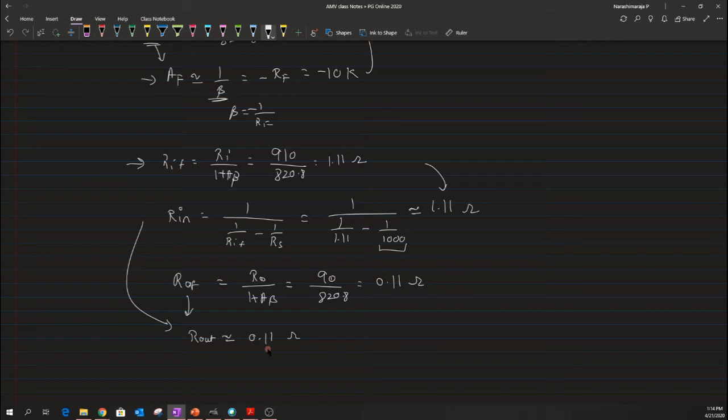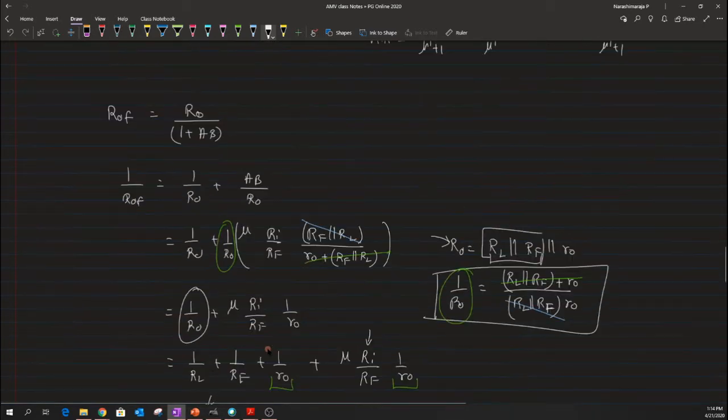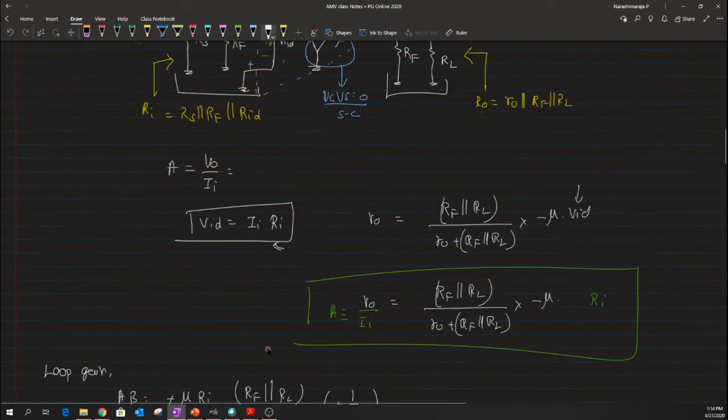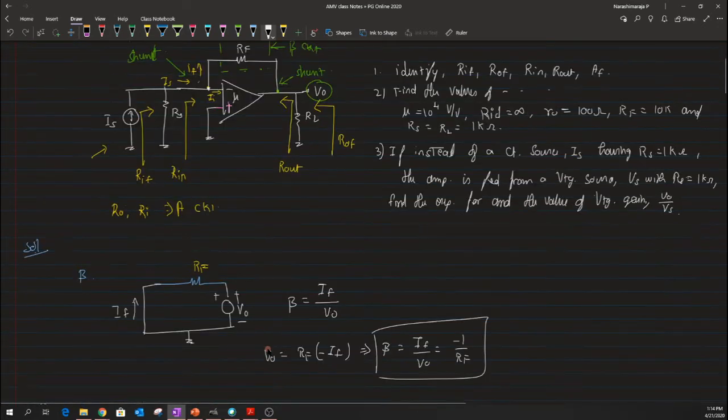Okay, so now we are moving on to the third part of our question, which is basically the computation of the voltage gain. Now what was said is that in this particular problem, if this combination of current source with the resistance is being replaced.